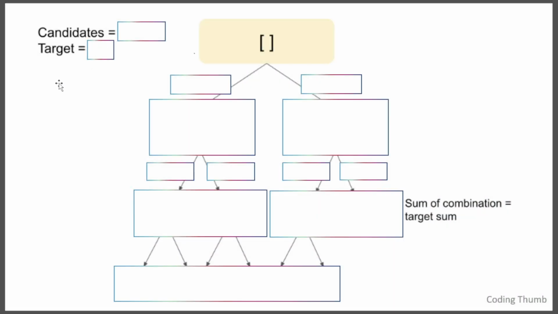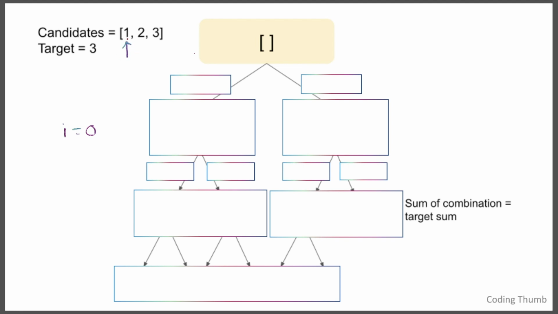So let's try to understand how we can break down this problem and generate all the combinations for a given array. Let's say we are given the candidates as 1, 2, and 3, and the target that we have to find is 3. So imagine we start with an empty array and we build this empty array into all the different combinations that we can get. As we are iterating over the given candidates, let's say we are at i equals 0, which is this 1.